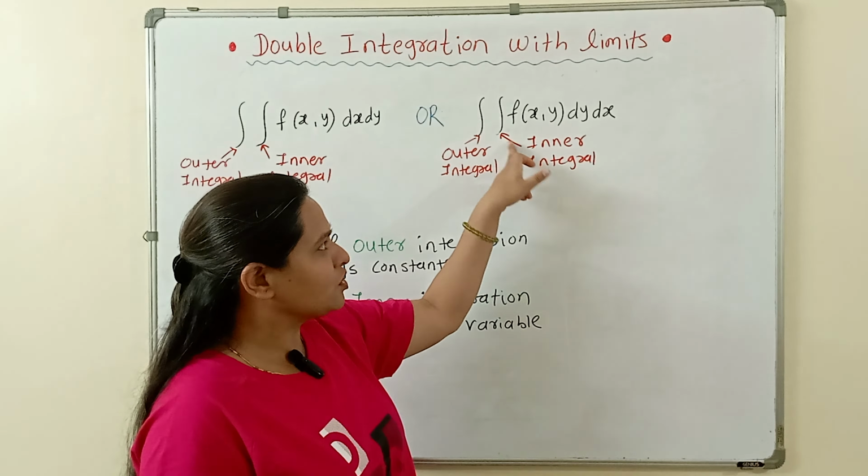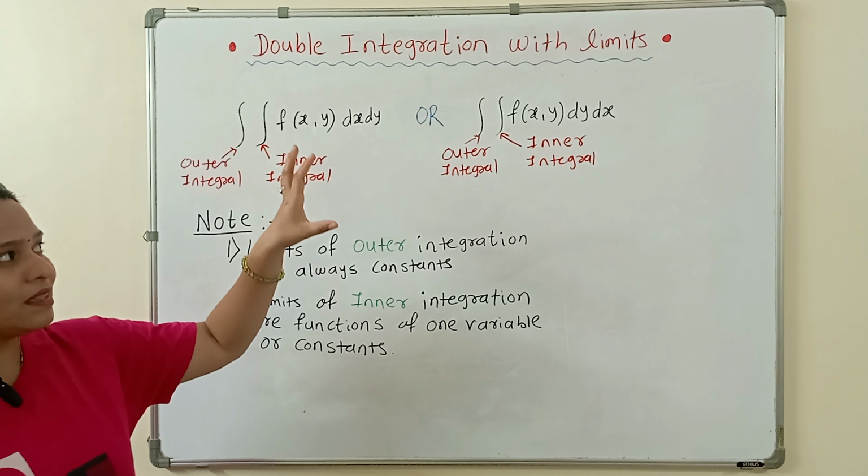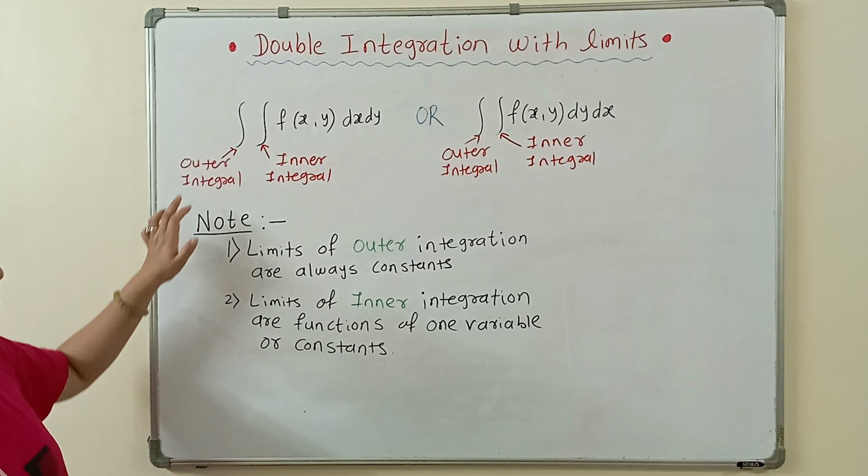The important notes are: whenever we want to solve the double integration with limits, these limits have a specific order. Note number 1: limits of outer integration are always constants. Whatever the example is, the limits of outer integration will always be constant.